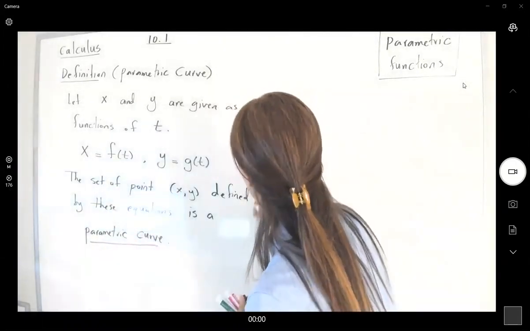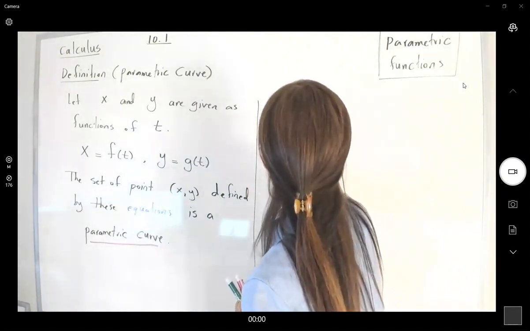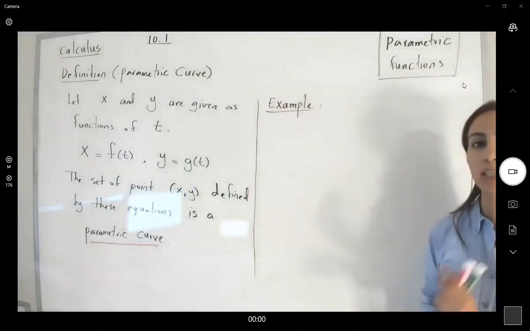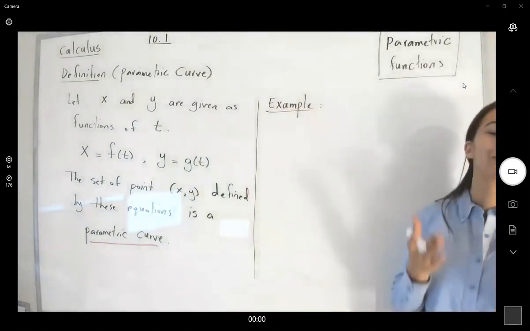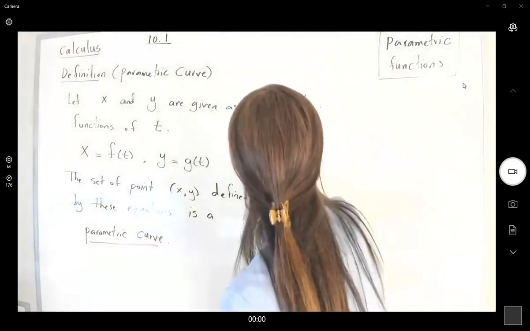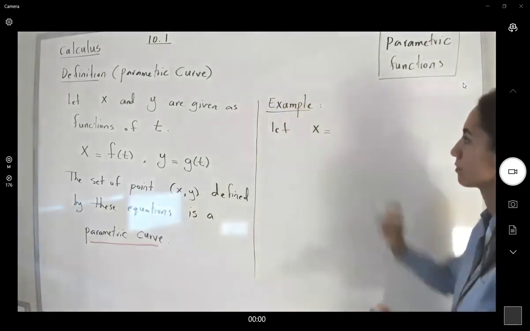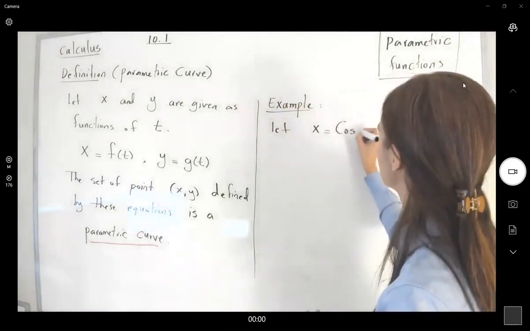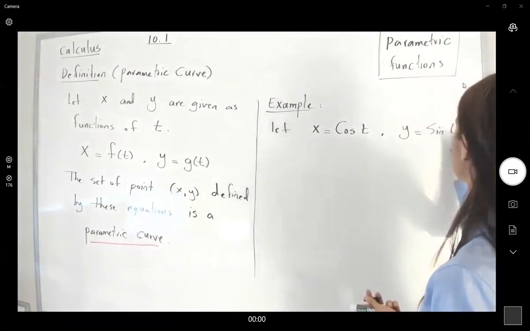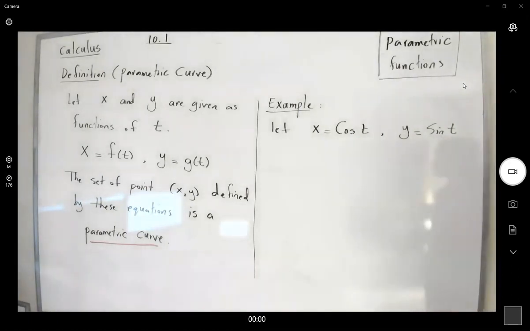One example that we saw before is depending x on t, y on t using trig functions. So let x be equal to cosine t and y be equal to sine t. As you can see, we're using trig functions here.